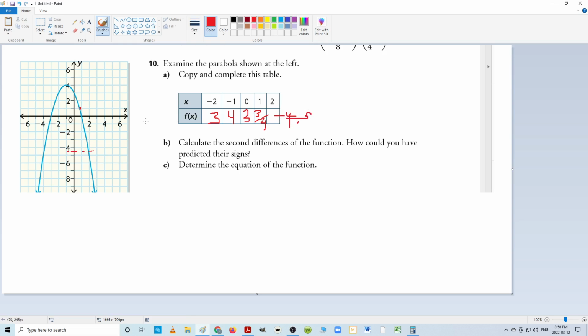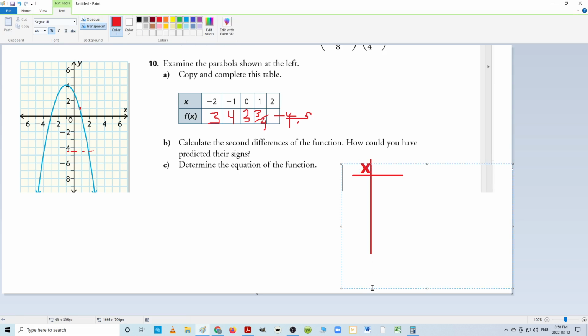Now, when I'm calculating the second differences, I actually like to put it vertically. That's just me. So I'll put my x's, and I'll make sure my x's are all going down by 1. And they are minus 2, minus 1, 0, and 1.